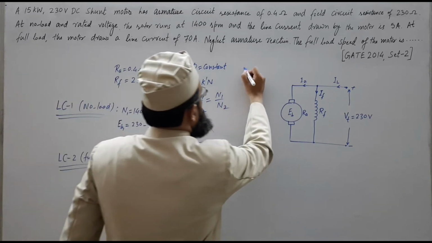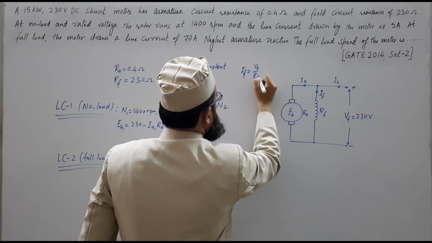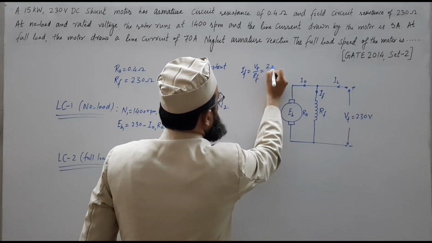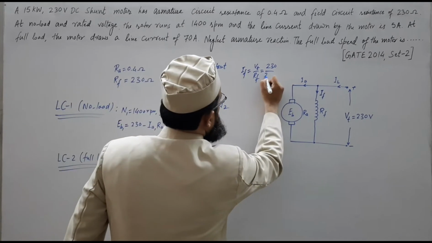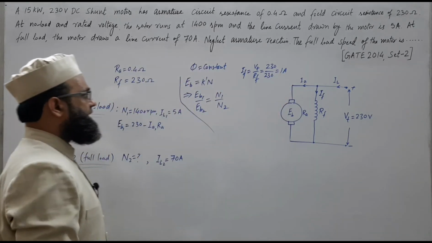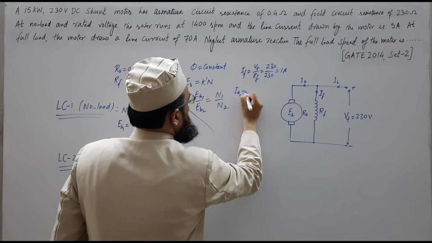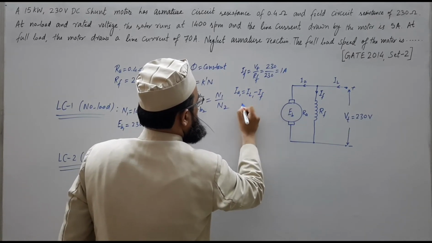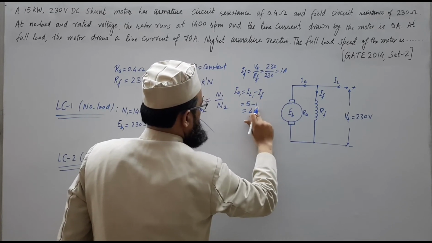IF is Vt upon RF, so 230 volt upon 230 ohm. It means IF is 1 ampere. Therefore IA1 is nothing but IL1 minus IF, that is 5 minus 1, that is 4 ampere.